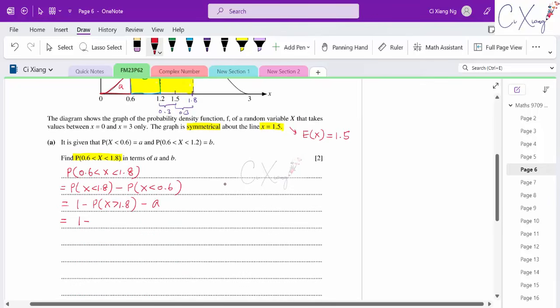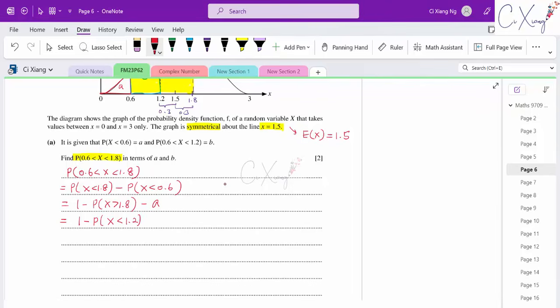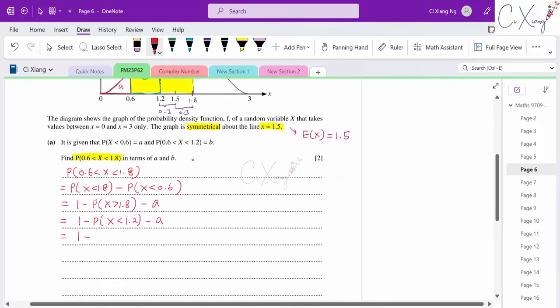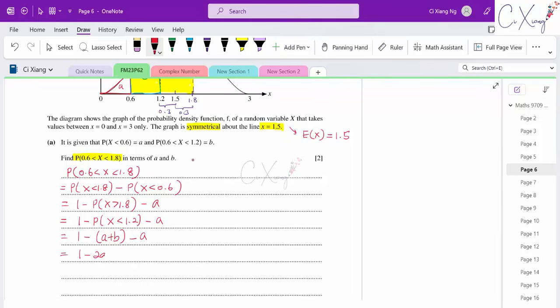So I can substitute: x greater than 1.8 equals x smaller than 1.2. What's the value for x smaller than 1.2? I mentioned earlier in the question, it is A plus B. So it will be minus A plus B, then minus A again. Simplifying the answer, I will have 1 minus 2A, then minus B.